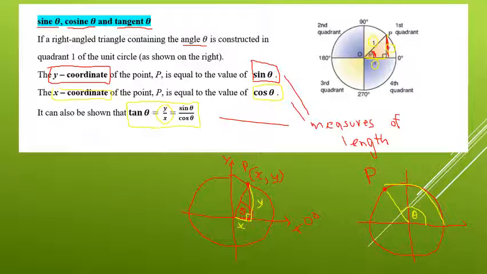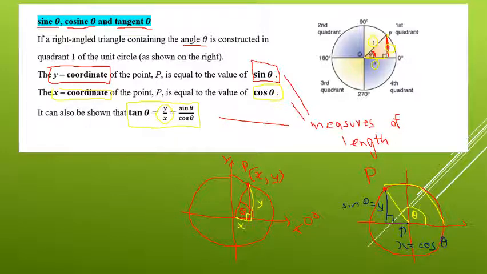We can still make a right angle triangle, but we drop it this way. This is the y value of that point, which is sine of theta, and this length here is x, which we know is cosine of theta.